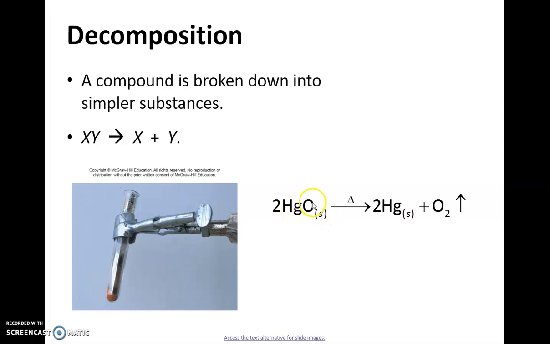If we add some heat to mercury oxide, it drives off the oxygen and causes them to separate into pure mercury and oxygen.